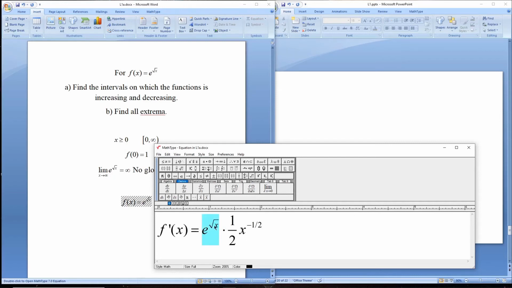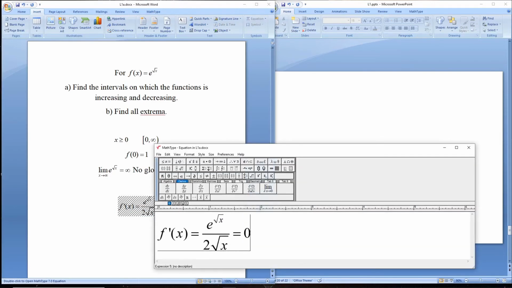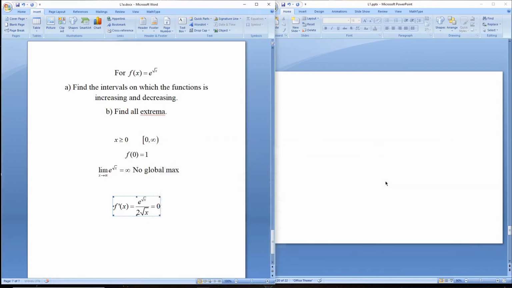And let me write this in a way that is a little friendlier to the eyes. I'm going to bring this 2 and stick it in the denominator, and I'll stick this in the denominator to make that exponent positive. And there's our derivative. Once we have our derivative, we'll set it equal to 0 and solve it.